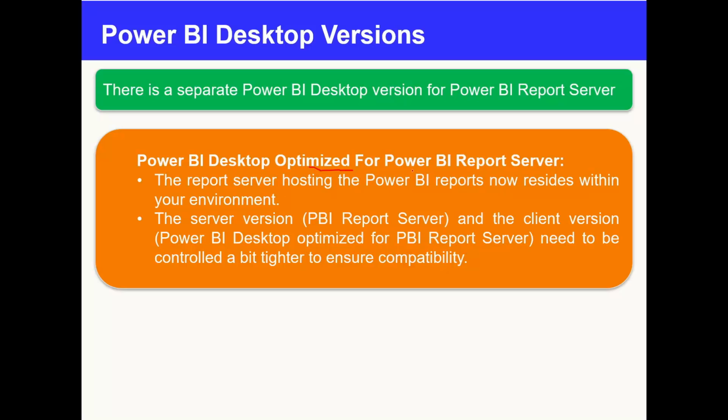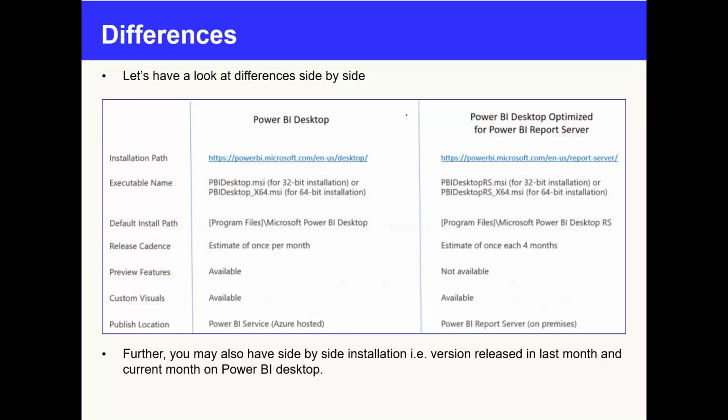Now there are two versions. One is the Power BI Desktop version, and the second one is Power BI Desktop optimized for Report Server. With Power BI Desktop optimized for Report Server, you'll be publishing the report to the server which is there in your organization only. So there is a small difference between the Power BI Desktop which publishes to the Power BI service in the cloud versus the one which publishes within your own organization.